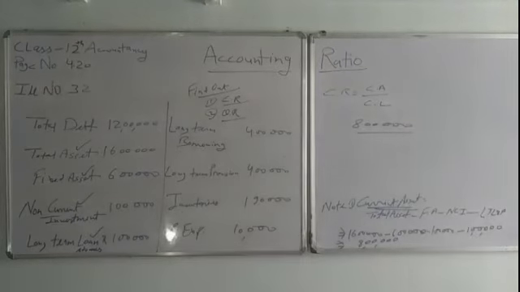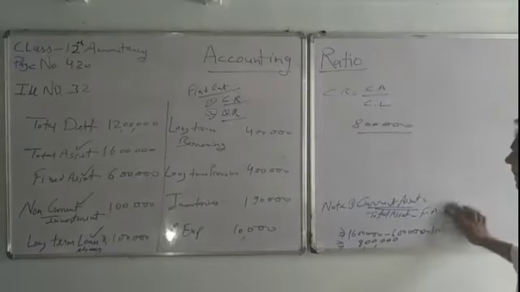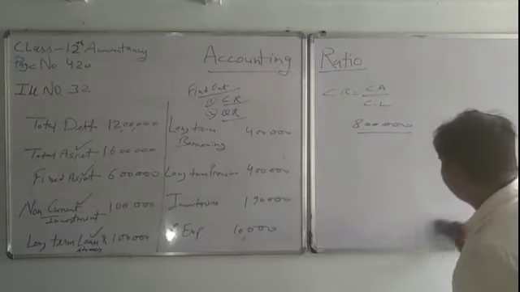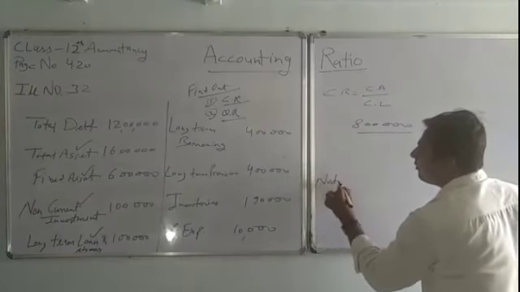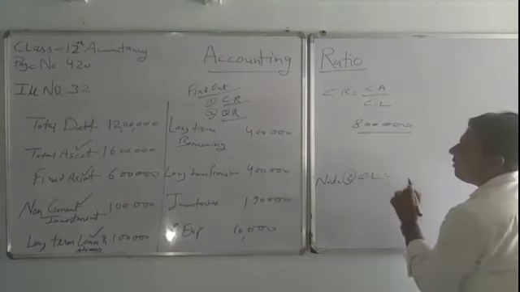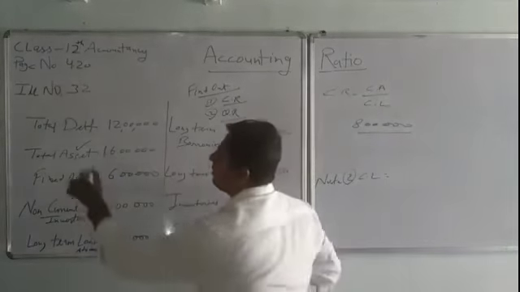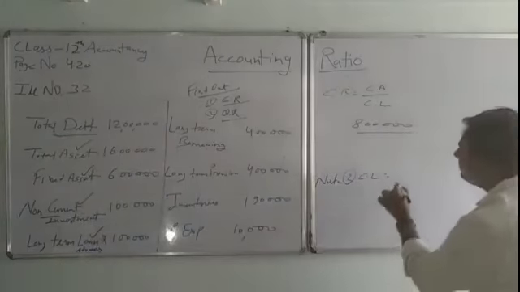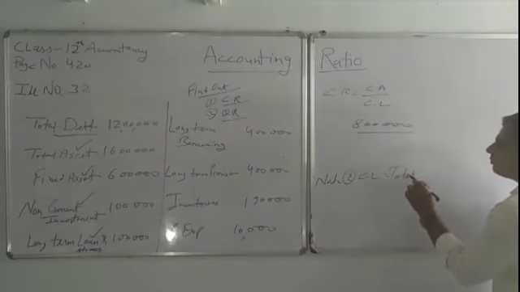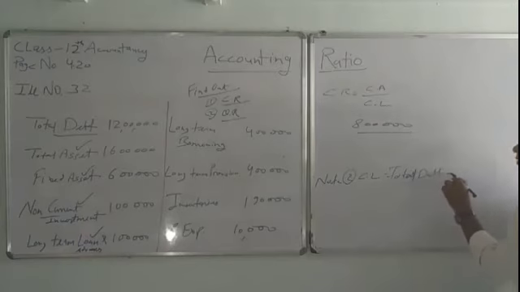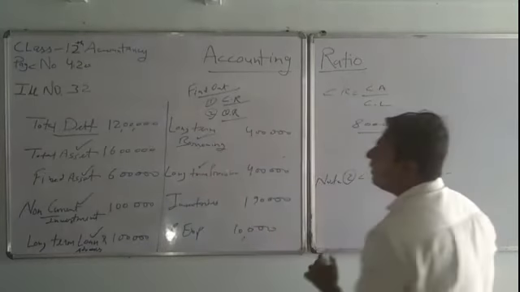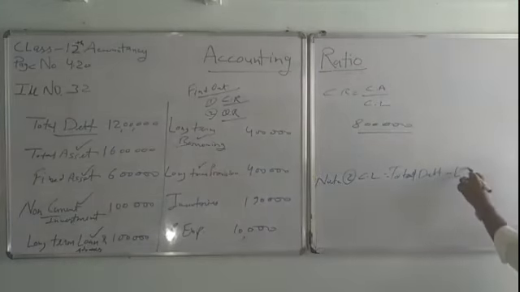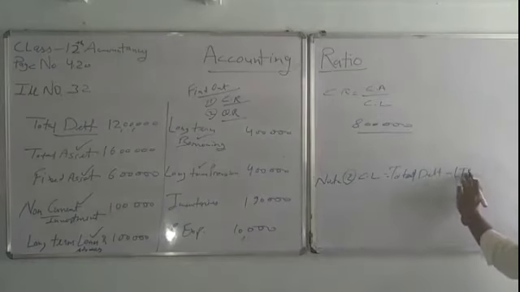Now we also have to know current liability, because current liability is not given to us. So note number 2: current liability is equal to total debt minus long-term borrowing and long-term provisions.